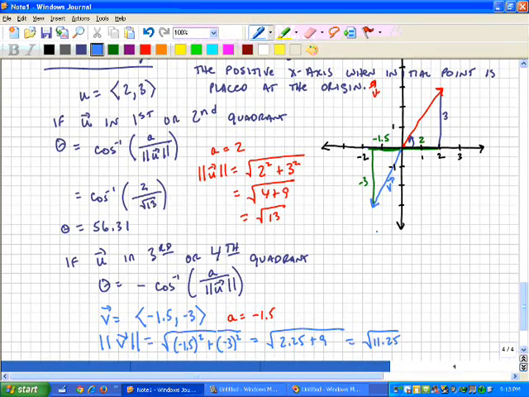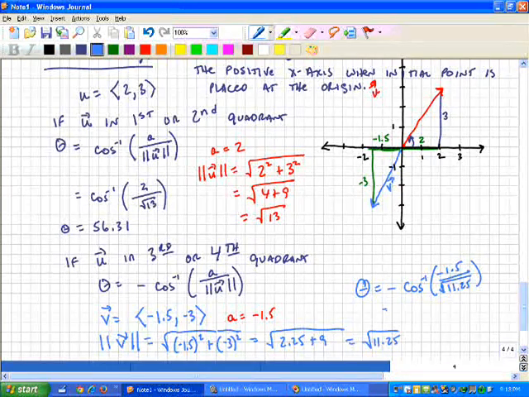So that our angle theta, because this vector lies in the third quadrant, is given by the opposite of cosine inverse, negative 1.5 horizontal component over the magnitude of our vector, which is the square root of 11.25, or our calculator tells us this is negative 116.565 degrees.